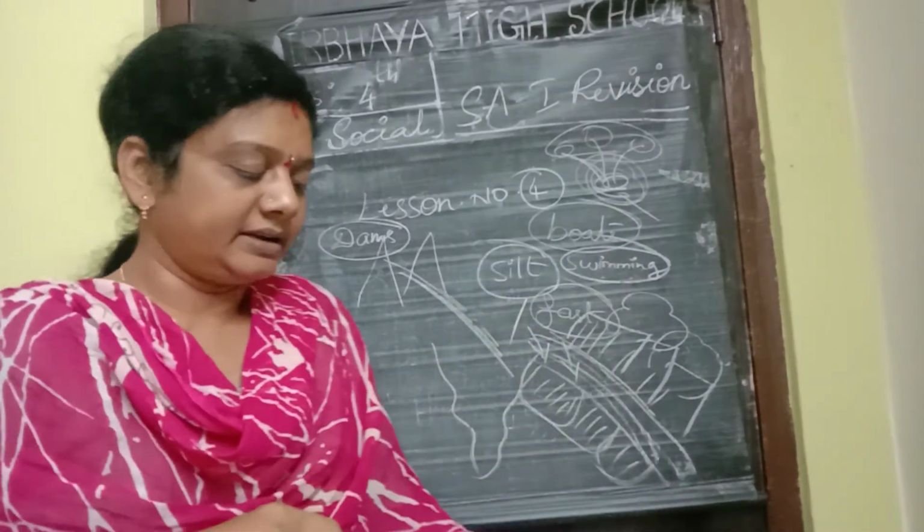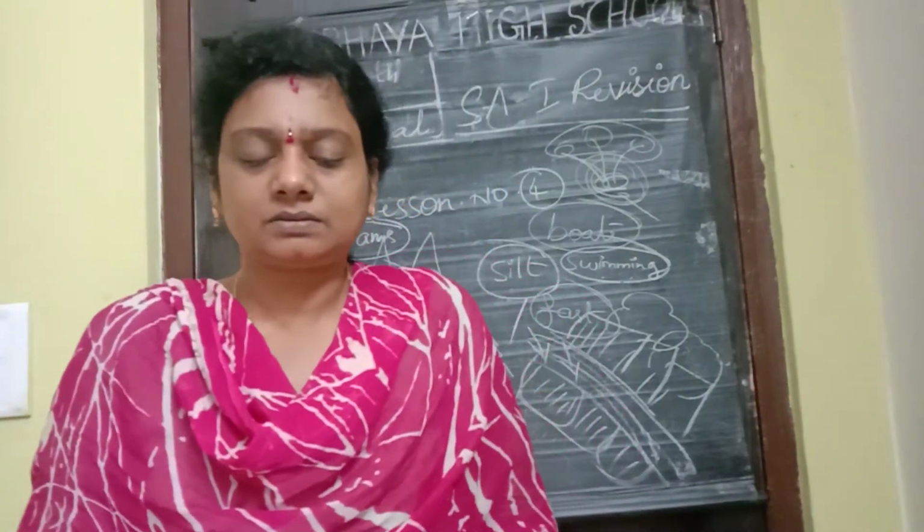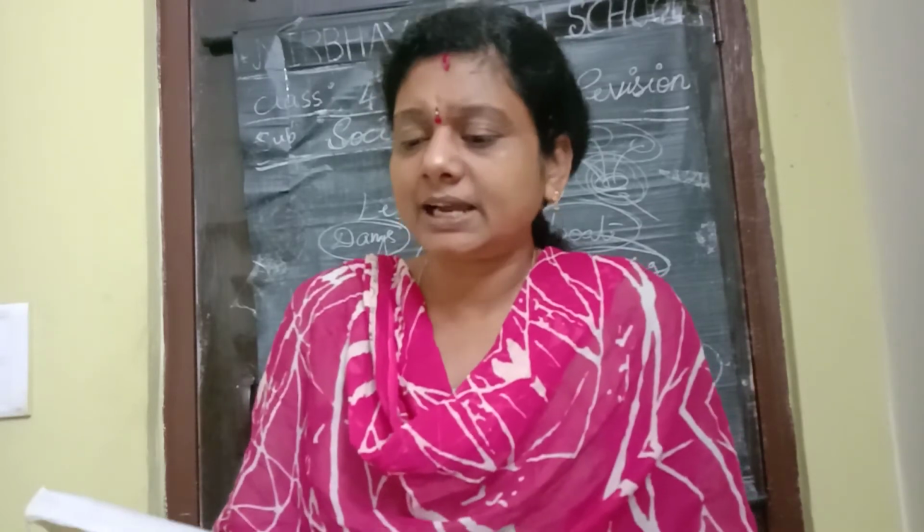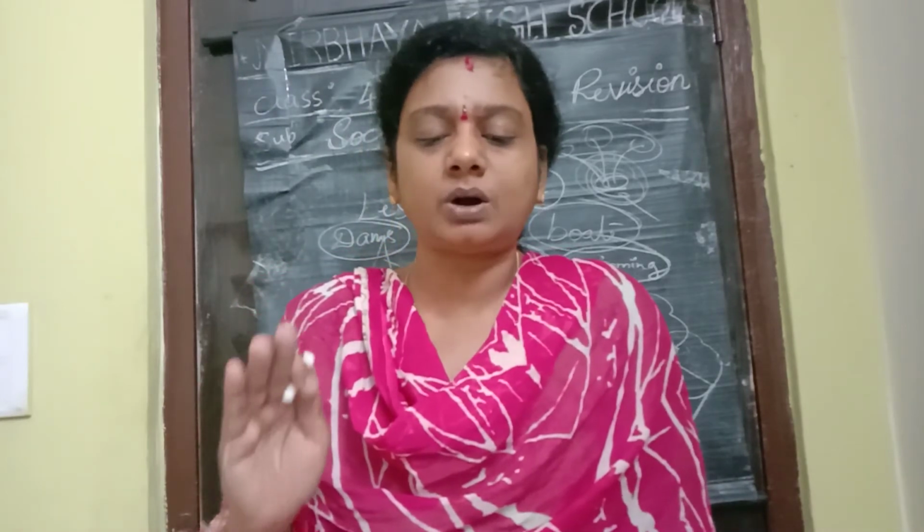Yes, and the next one, children, the 19th one. Mention two reasons why we need to look after rivers. Describe two ways in which you can help to look after rivers. We should look after the rivers as the silt brought by rivers is good for farming.